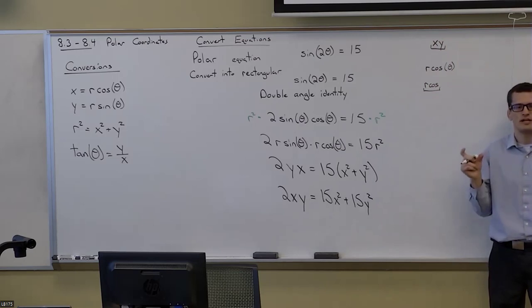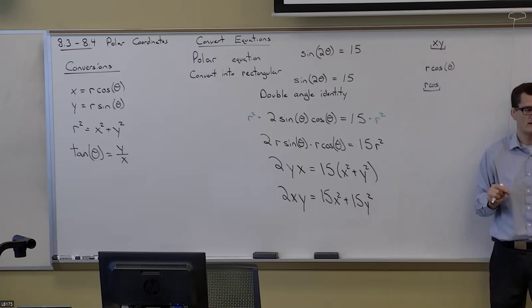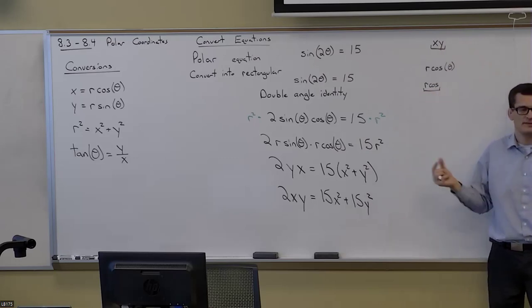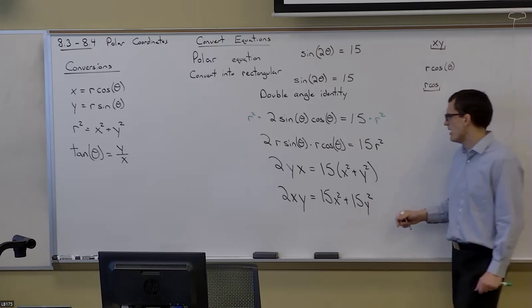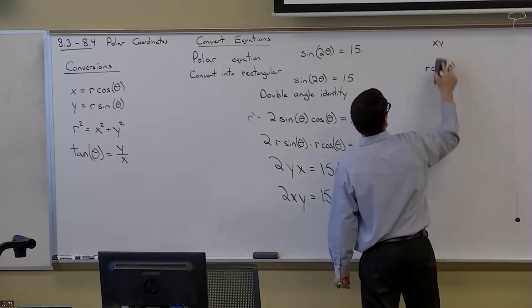So if you don't put any multiplication symbols in between your variables, it thinks you want a new variable called xy, or a new variable called rcos, like you're just naming it that. So make sure you put a multiplication symbol in between any variables.